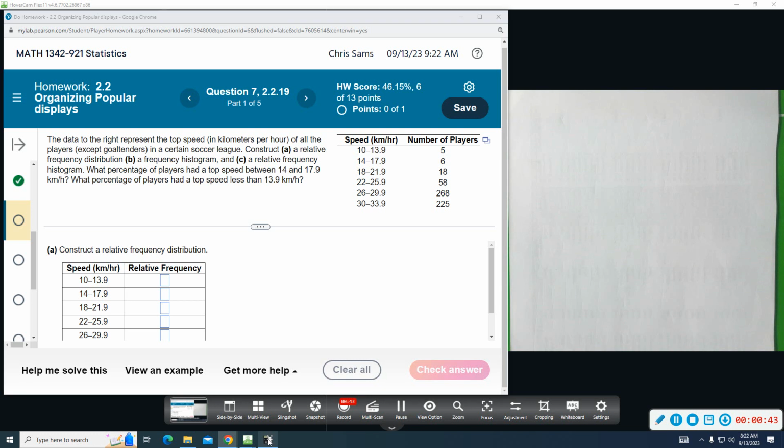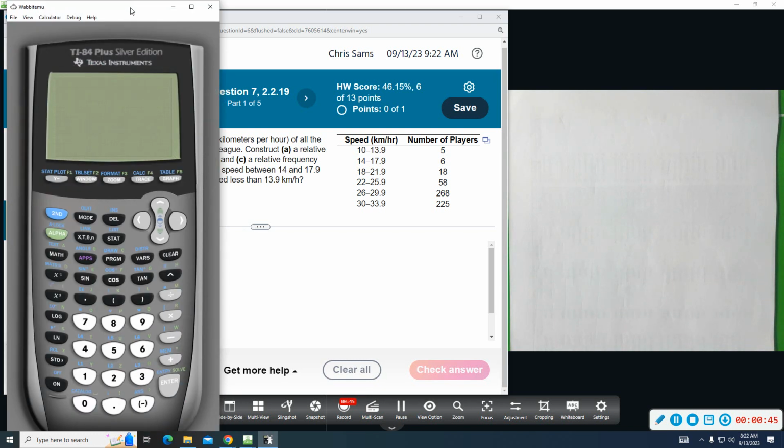So to start out, just like we've done previously, we're going to do the relative frequency. I'm going to use the calculator and the stat function. I'm going to clear out the data that I have here. I'm already here.